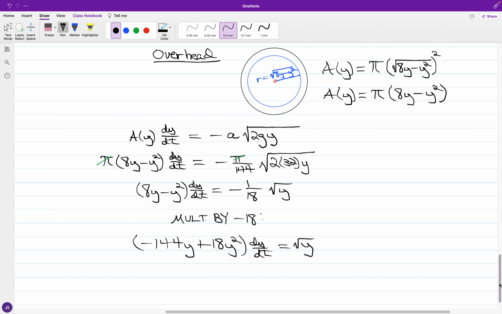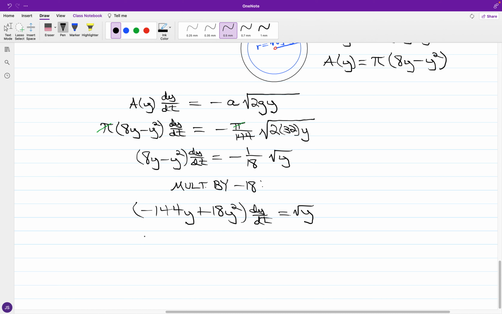Now dividing by the square root of y and multiplying by dt. So I'm going to have negative 144 y to the 1/2 plus 18y to the 3/2 quantity is equal to dt. And upon separating, we can now integrate.